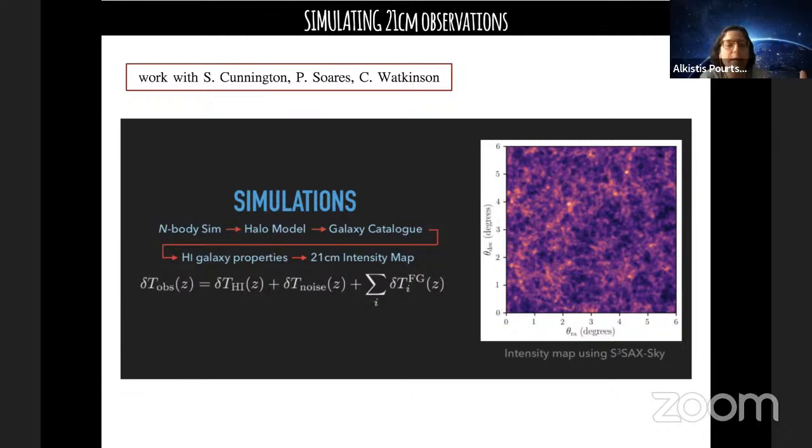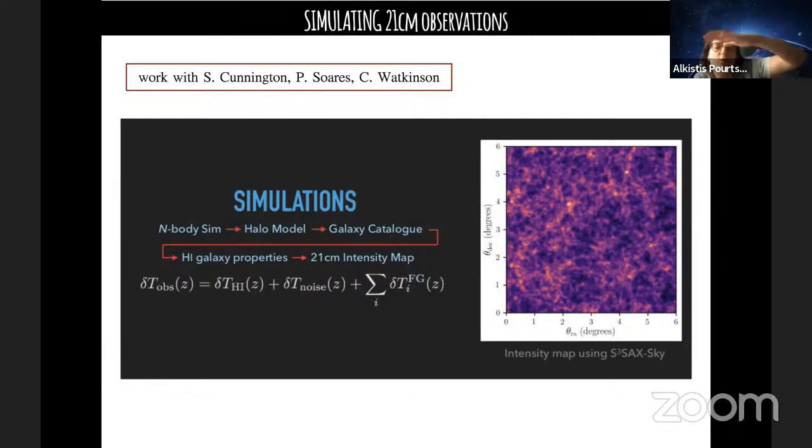This includes N-body simulations populated with halos, and even halos populated with galaxies, and galaxies populated with H1, and just doing the easy thing of taking these amazing data products and turning them into 21 centimeter intensity maps, which includes sometimes using a semi-analytical model to go directly from halo to 21 centimeter, and then just smoothing the map with the beam of the telescope.